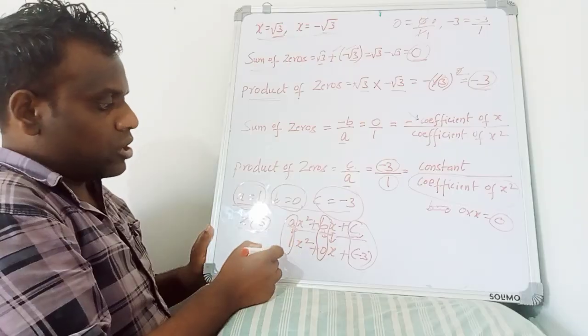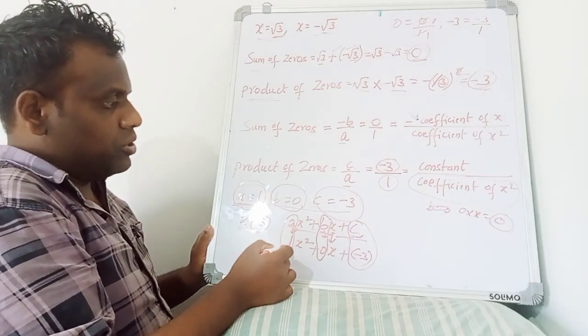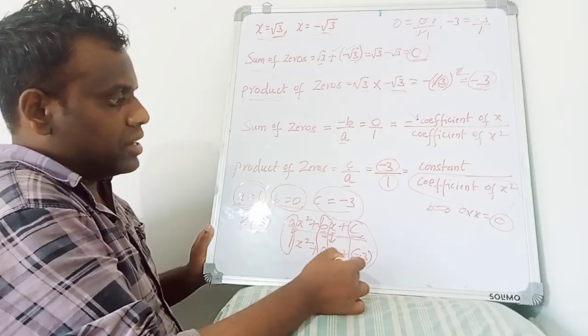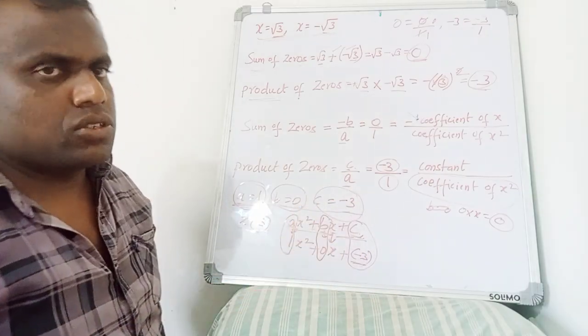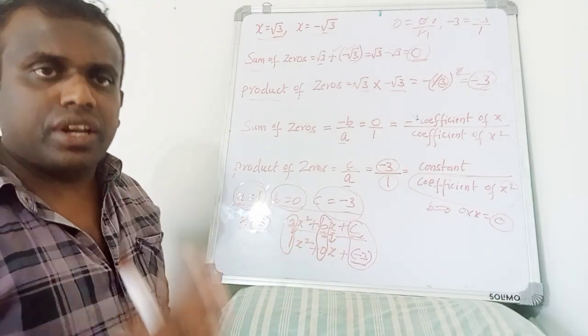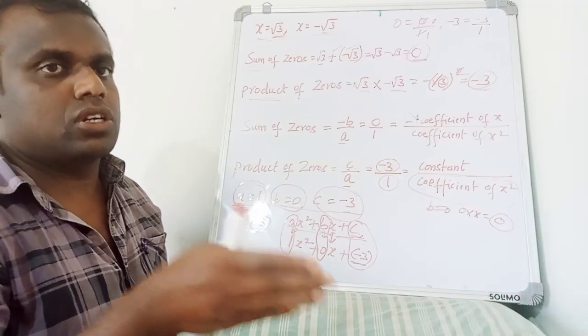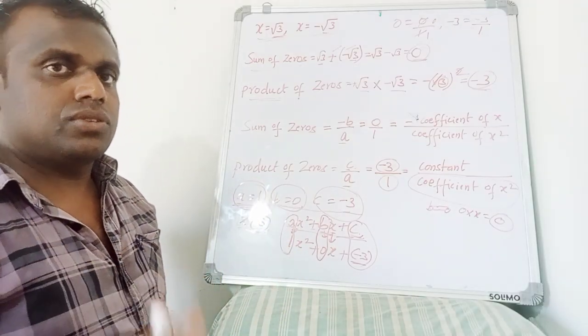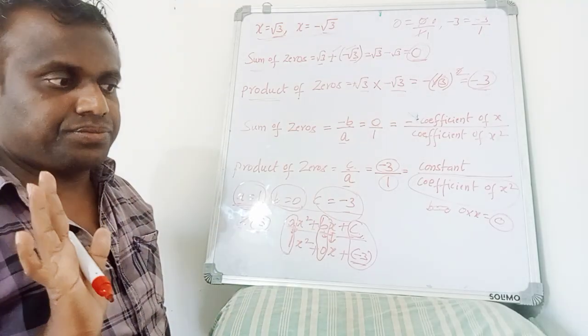So we verified, we got correctly. So a should be 1, we got this. B should be 0, we got this. C should be minus 3, we got this. So verification is done. We have verified the relationship between zeros and coefficients and the x values are correct. So this is the question and answer.